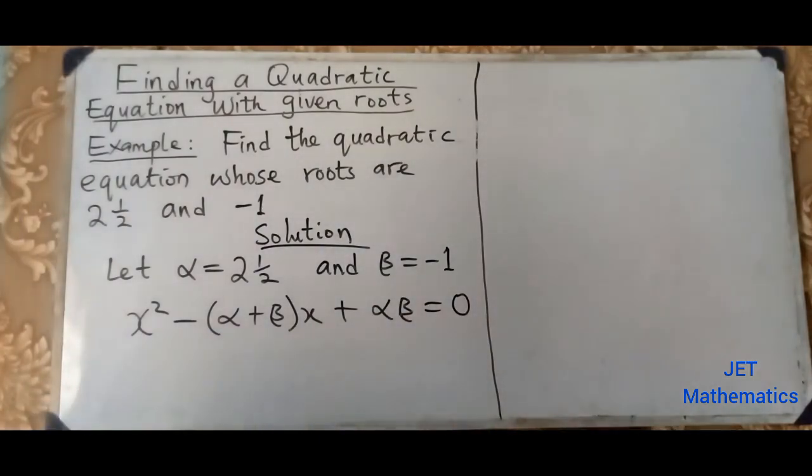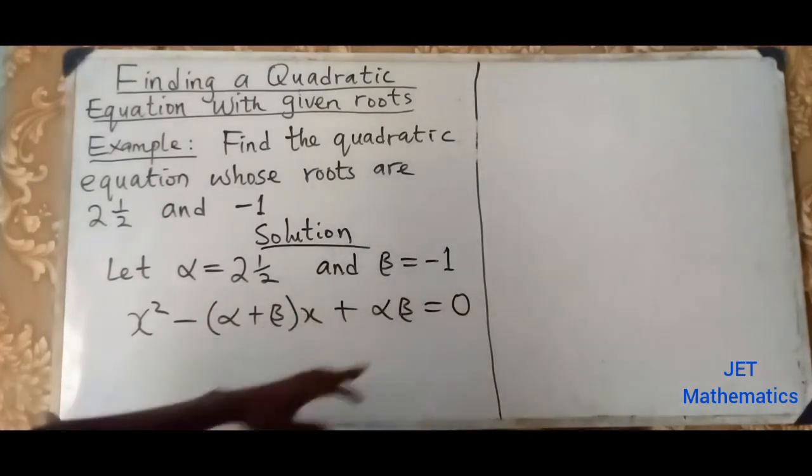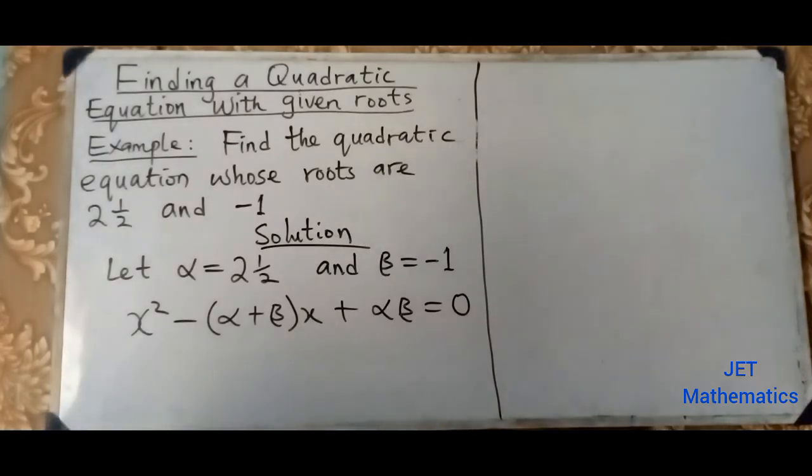So with this formula we can get the quadratic equation. All we need to do is to substitute these roots into this formula. Remember, alpha and beta are the roots of the general quadratic equation. So quickly we can do this and get our results.